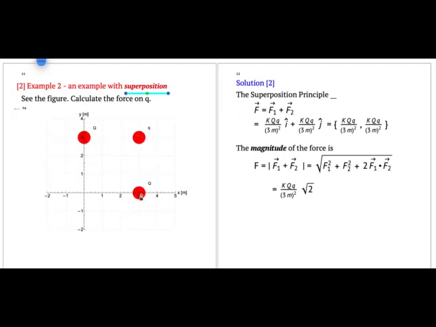This charge has coordinates 3, 0. This charge has coordinates 0, 3 in meters. This charge has coordinates 3, 3. And the problem is to calculate the force on the lowercase q charge.